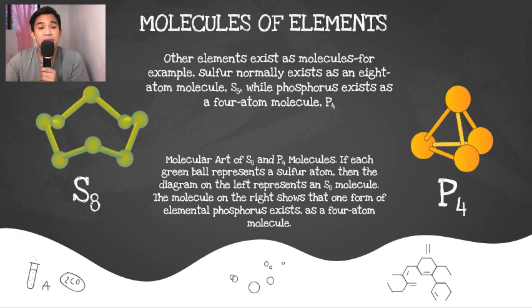If each green ball represents a sulfur atom, then the diagram on the left represents an S8 molecule. The molecule on the right shows that one form of elemental phosphorus exists as a 4-atom molecule.